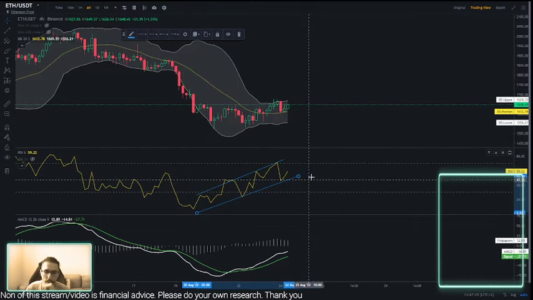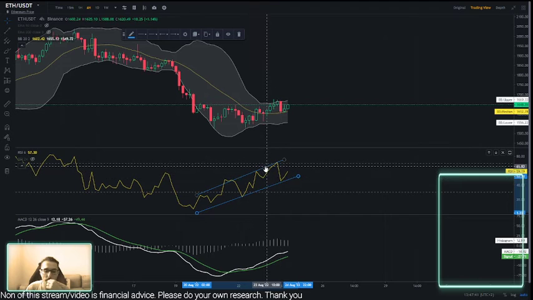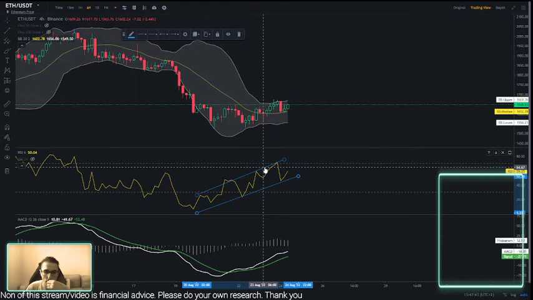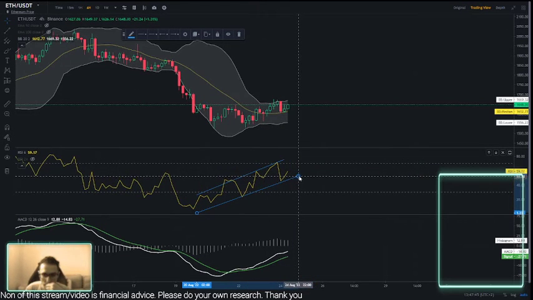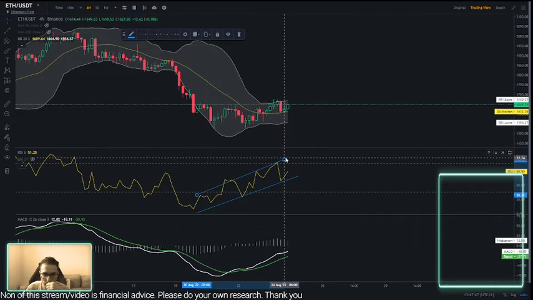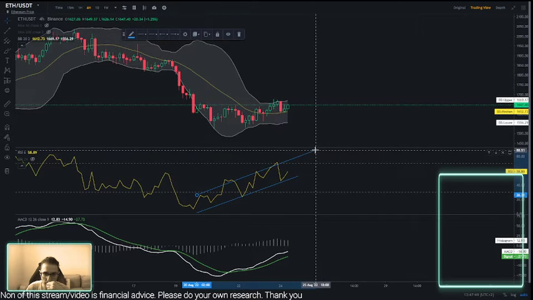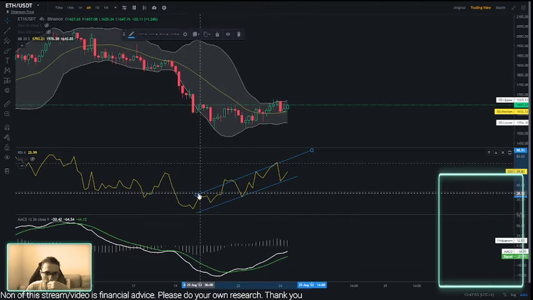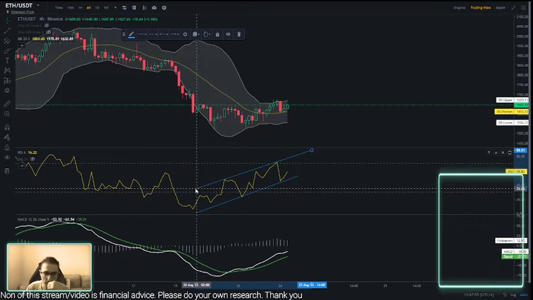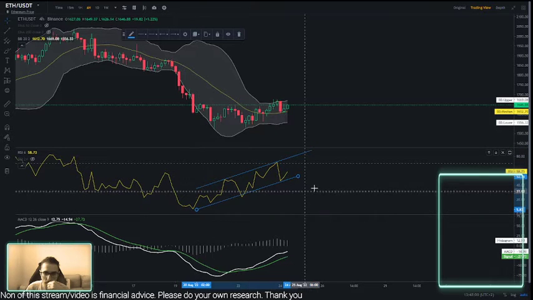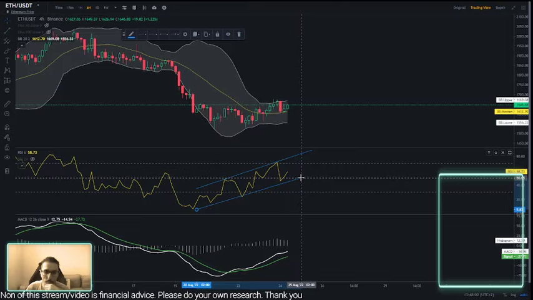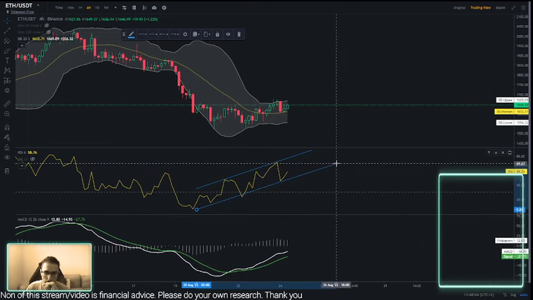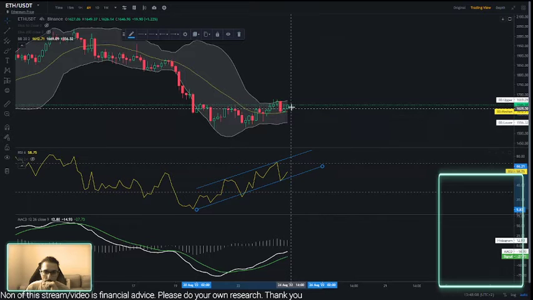Let's see. Alright, so we're seeing some kind of ascending channel. So again, if we are pulling this out correctly, if this is something that makes sense, maybe, I'm saying maybe, we could see some upward moves before the pullback that we talked about here.